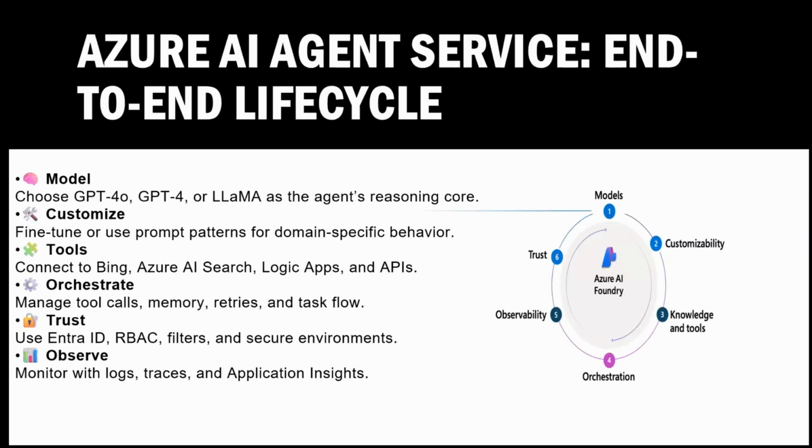For the model selection, you can always start by selecting a model that gives your agent the intelligence it needs based on the requirement. So you want to choose from a growing catalog of large language models which are being available, like what we just saw, that can be GPT-4o or GPT-4 or GPT 3.5, or anything.